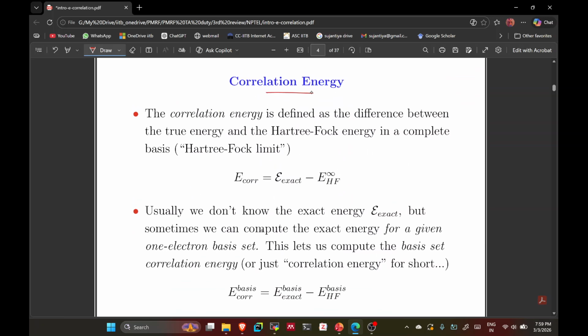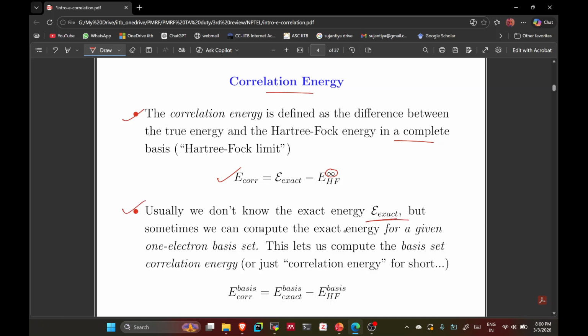Now comes the correlation energy. The correlation energy is defined as the difference between the true energy and the Hartree-Fock energy in a complete basis. So the correlation energy is E exact minus E Hartree-Fock in an infinite basis. But usually we don't know the exact energy.